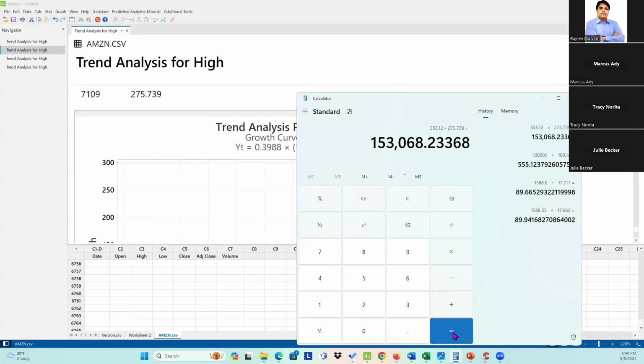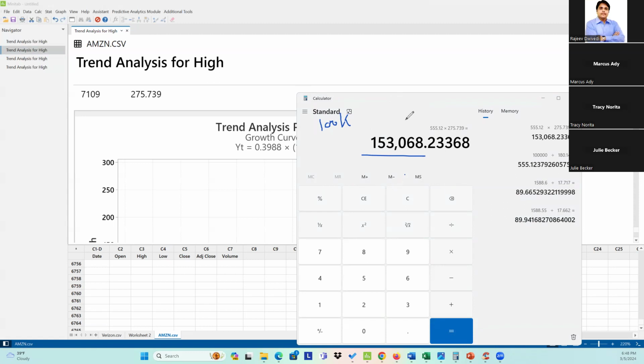Okay. So you invested $100,000, 100K, and basically what you are getting is 153,000. So basically about 53,000 profit.